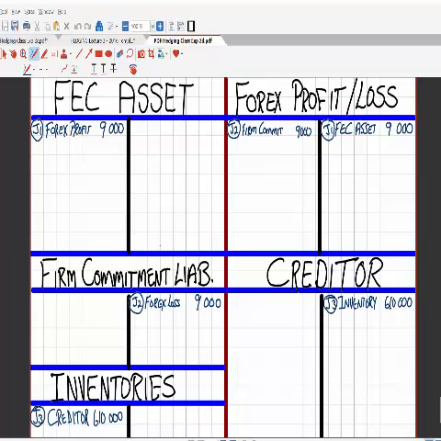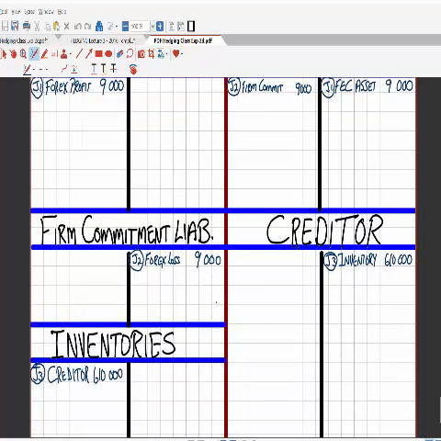Now that firm commitment liability must be cleared out against the underlying asset that you've purchased, in this case your inventories. So therefore, this will be journal number 4, you will debit the firm commitment account with inventory 9,000.